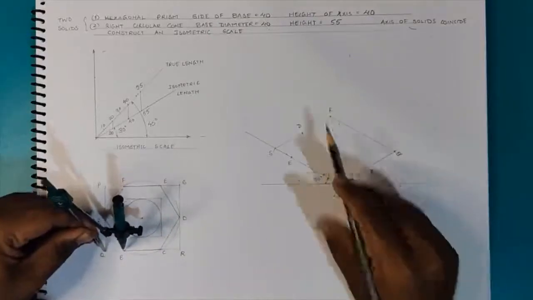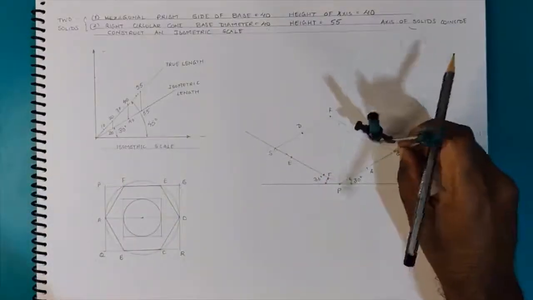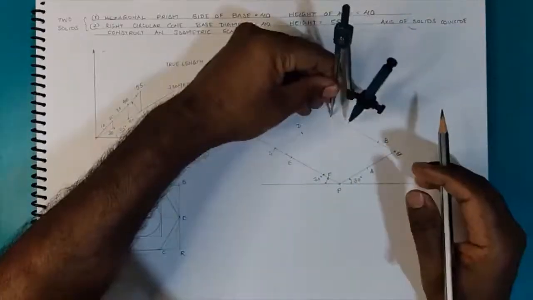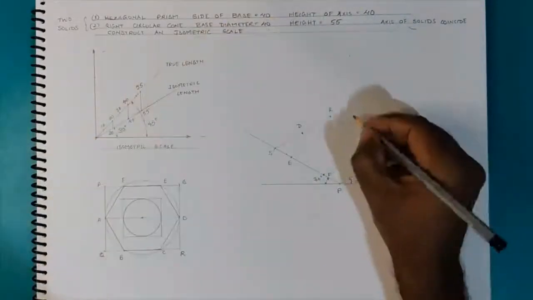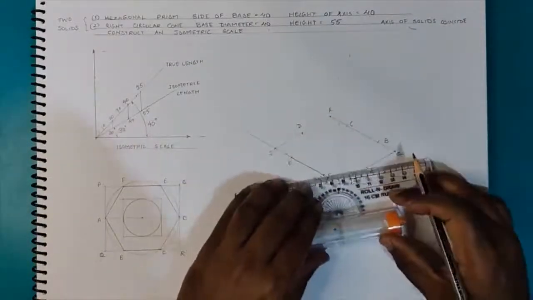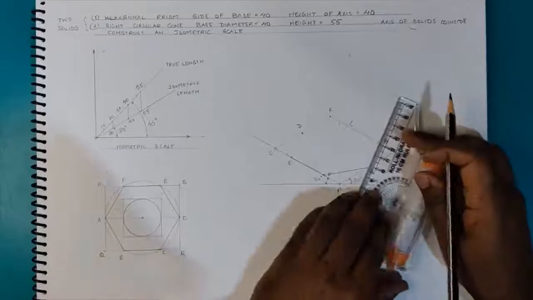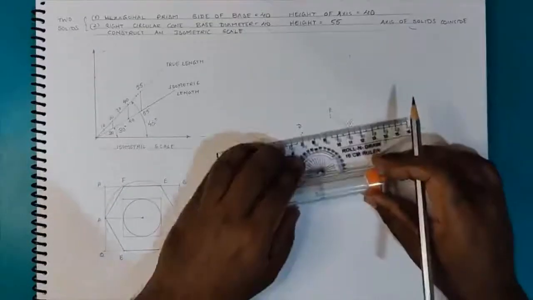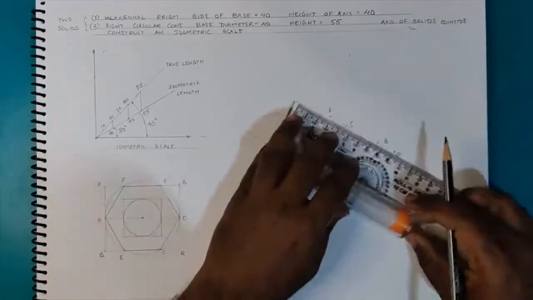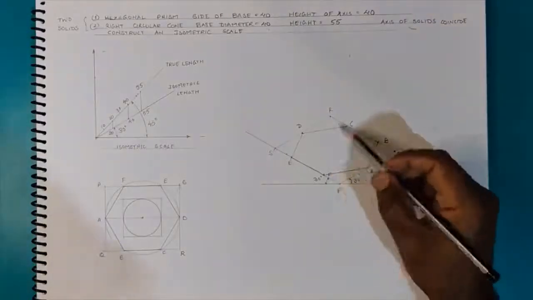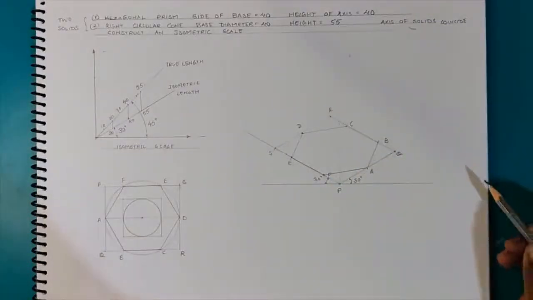So from Q towards R, I am moving, taking a distance and finding B, and from R towards Q, I mark and find C. So I have to take note of where I am taking the distances while marking those arcs. Now I found the base hexagon. So the hexagon in the base is complete.